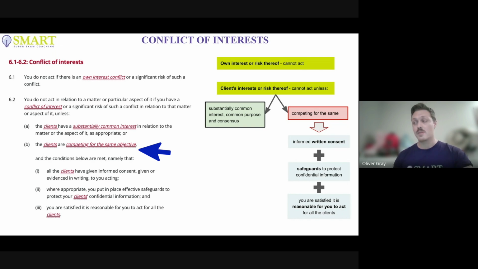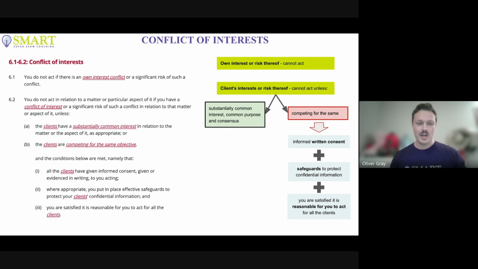Maybe we want to negotiate a price reduction, things like that. In some circumstances, it may still be safe to act where, for example, we don't have any of those issues. If we exchange contracts at an auction, everything's already been agreed. We're just dealing with completion. Even though we might be acting for both sides, we have a substantially common interest. There's no longer a real risk of conflict.